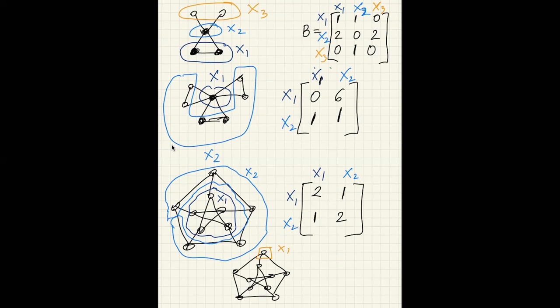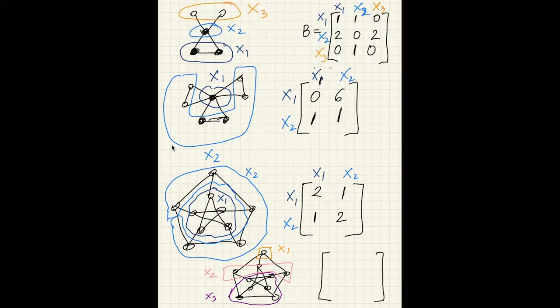You take as x2 the neighborhood of that vertex. This is x2. And you take as x3 whatever is left, the non-neighborhood of the vertex. That's x3. And one can check that this is also an equitable partition.